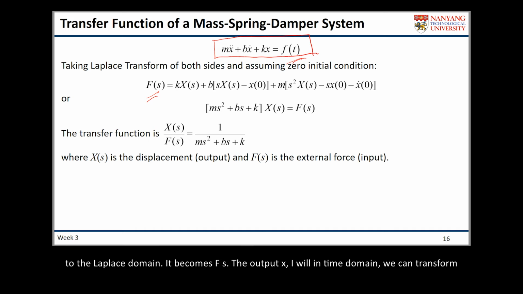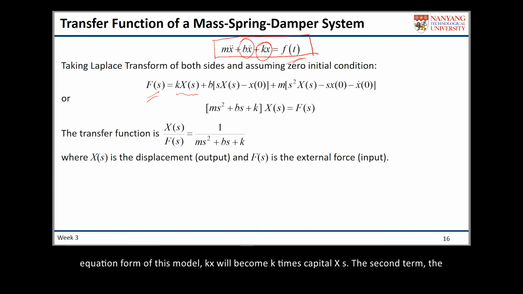The output x, in the time domain, we can transform it to the Laplace domain. It becomes capital X(s). So the third term in the differential equation form of this model, kx, will become k times capital X(s).